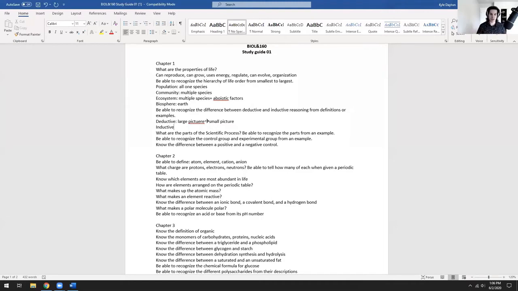So you say all the pens I've ever seen in my life have been pink, therefore I conclude that all pens in the universe are pink. So you go from small picture, our small window of experience, to large picture. Does everyone get that? Again, let me know if you need me to restart.